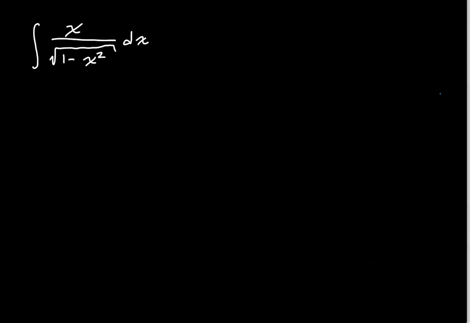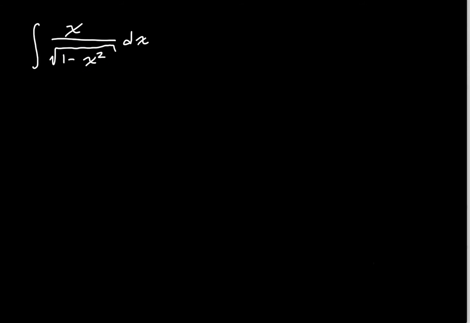Now, the reason we look straight at trigonometric substitution is because we see this 1 minus x squared down here. When you see 1 minus x squared, especially in a square root like that, that's indicative of the Pythagorean theorem, which has a big role in trigonometry because of the Pythagorean identities, so it tends to be an easy way to simplify things.